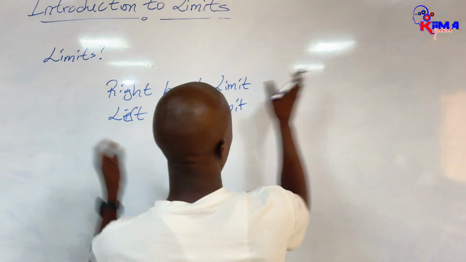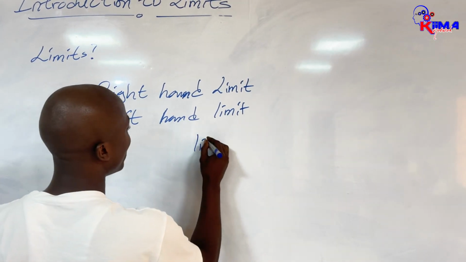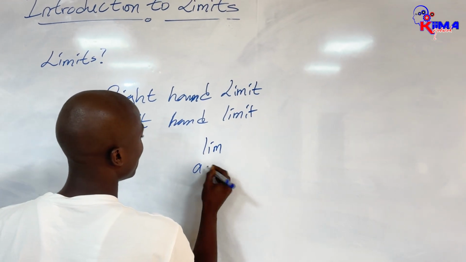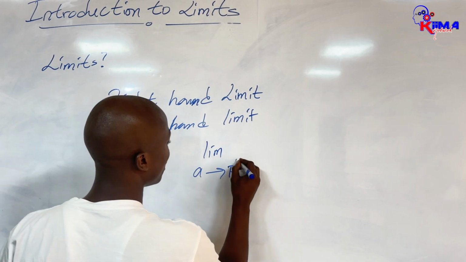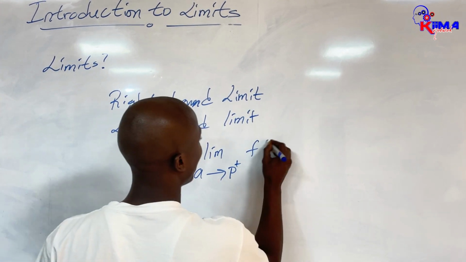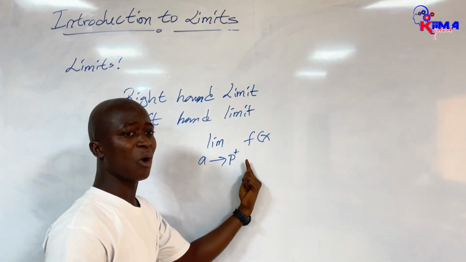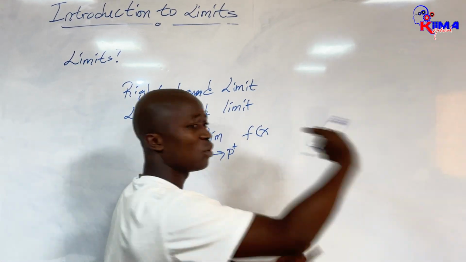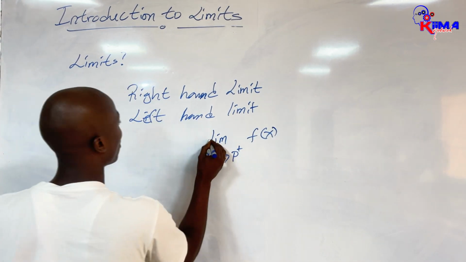For example, the limit as x approaches P, f of x, is a right-handed limit. Why? Because the limit is approaching from positive values, from the right-hand side.